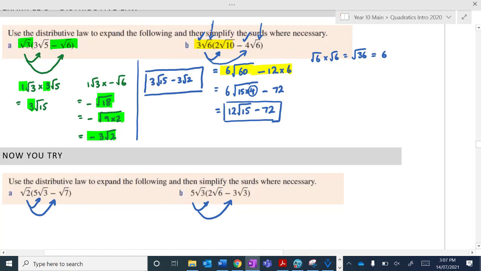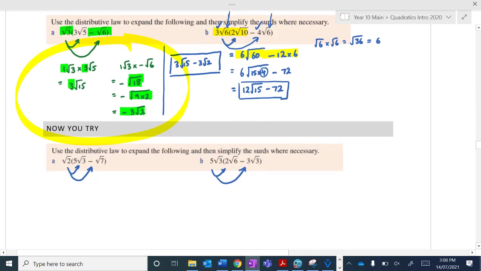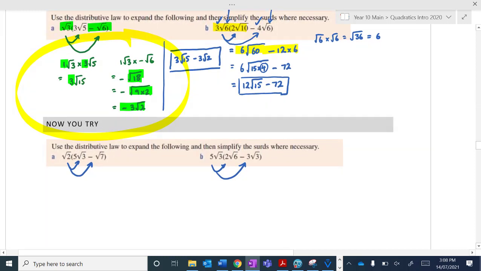If you can get in the habit of doing it like this, you're going to get better and better at setting out your work. You're going to confuse yourself less. As opposed to, I see a lot of students that break it up and they have it all over the joint. I think it's better to have it as an equation like in this second one. All right, have a go at this now, and we're going to go through the answer shortly.